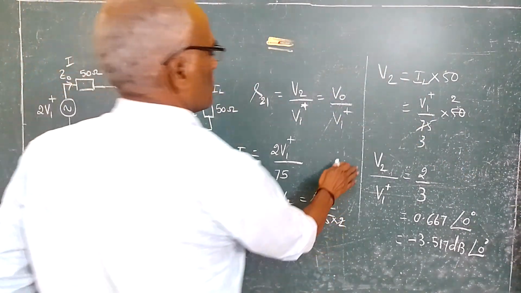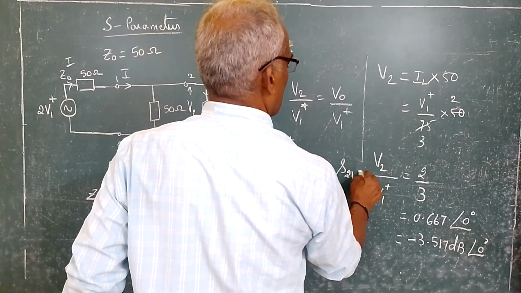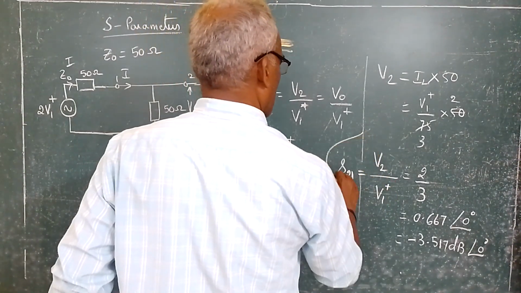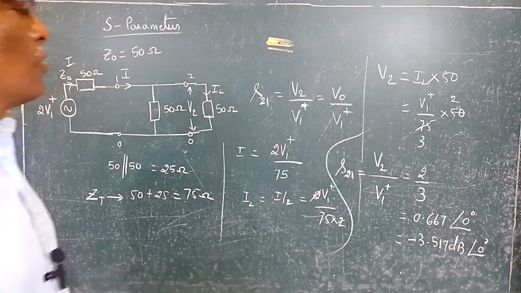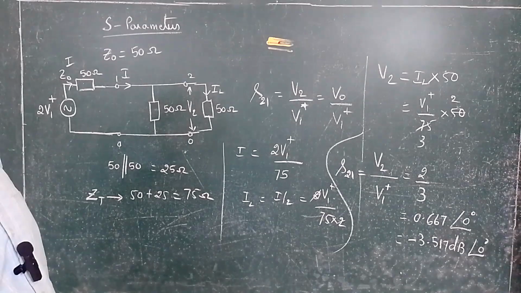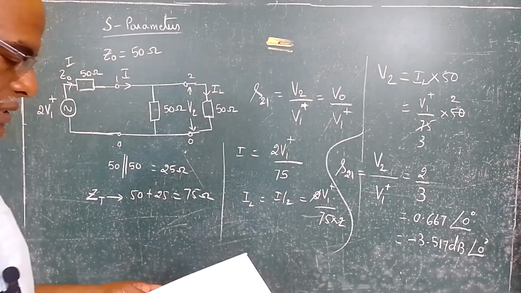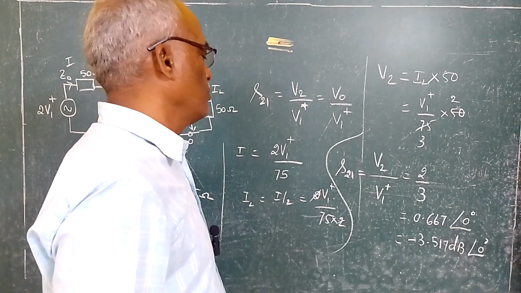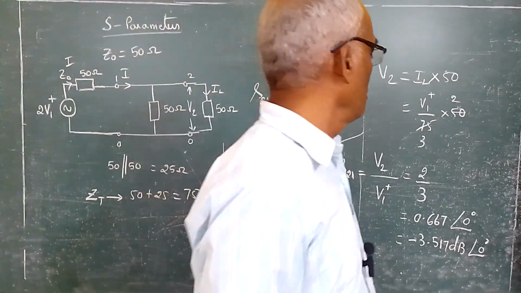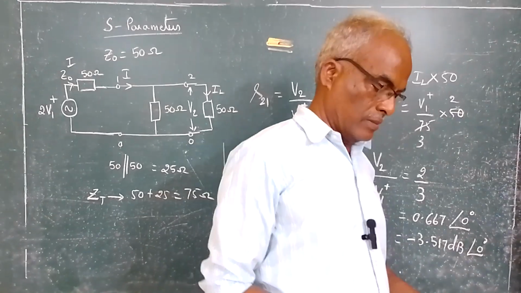So this is nothing but V2 by V1 plus, which is S21. Now we got the answer for S21, which is 0.667 angle 0, or in terms of decibels it is minus 3.517 dB. I already told you, just take 20 log of this value, you will get this.